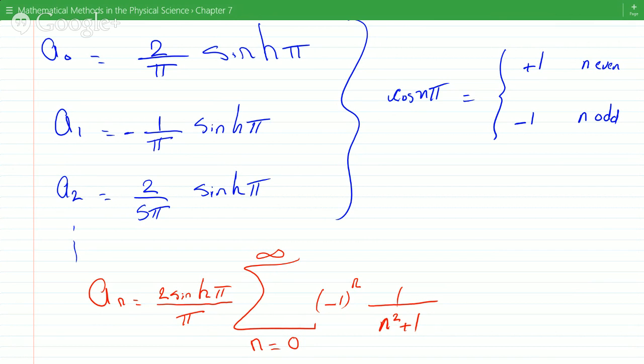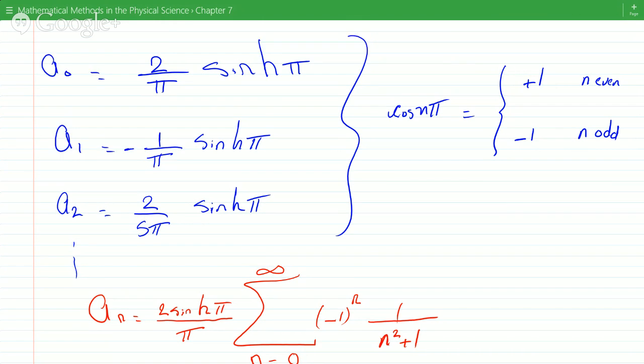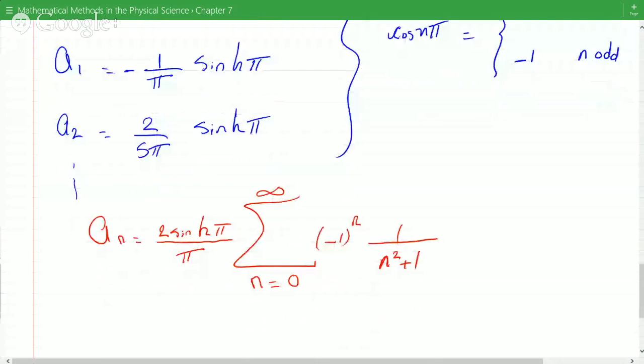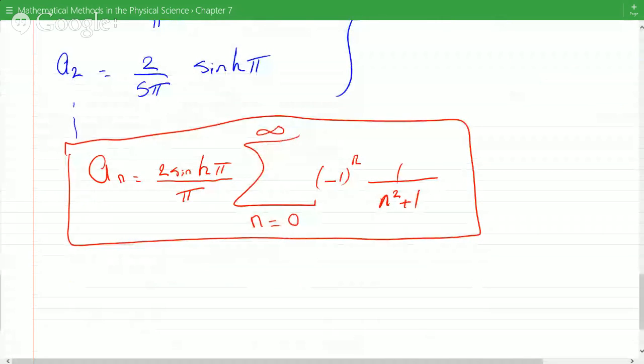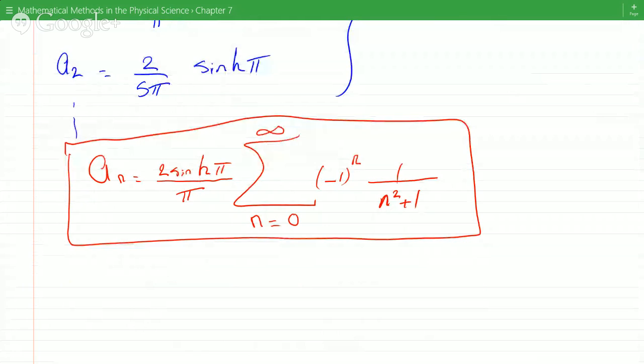How did you end up integrating this? By parts. So this is our a of n here. But it repeats when you do by parts. Where do you cut off? Like where do you stop? I'll show you in a second.